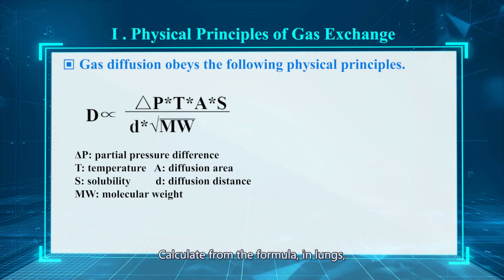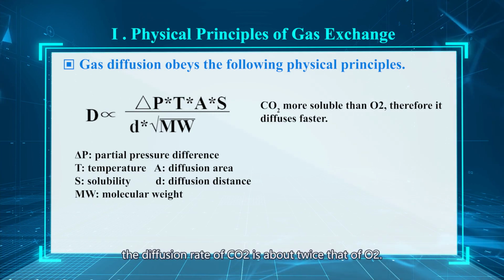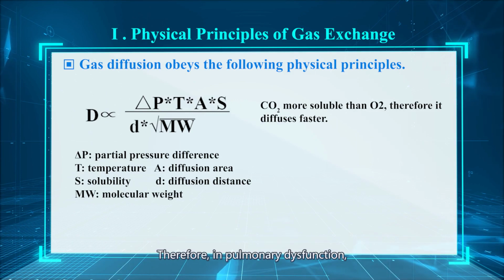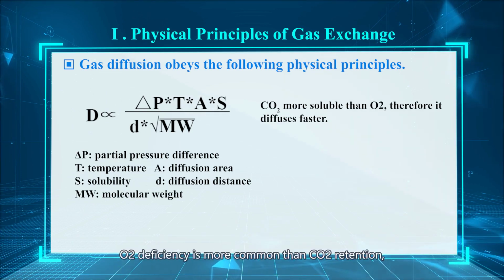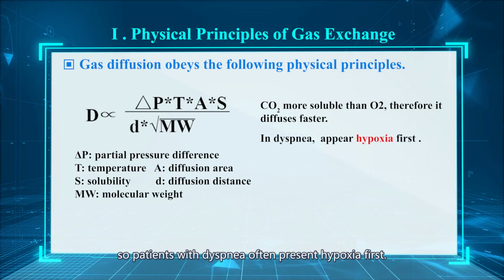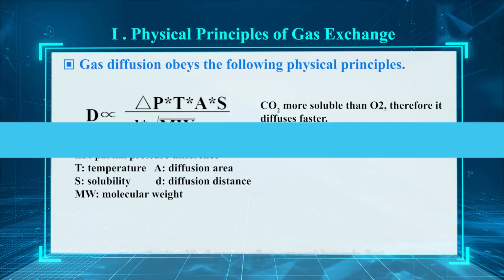Calculated from the formula, the diffusion rate of carbon dioxide is twice that of oxygen. Therefore, in pulmonary dysfunction, oxygen deficiency is more common than carbon dioxide retention. So patients with dyspnea often show hypoxia first.